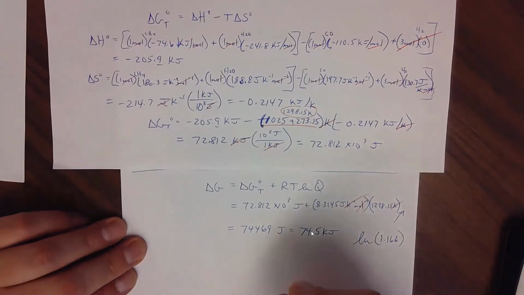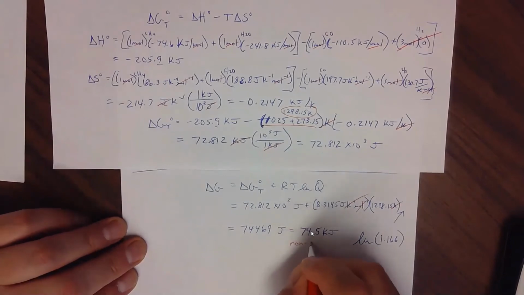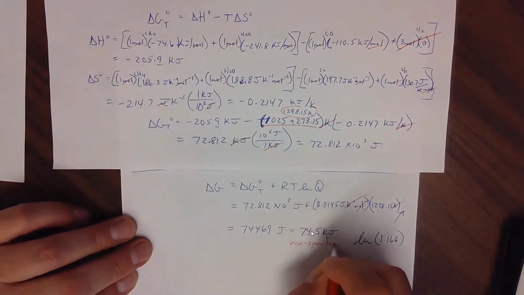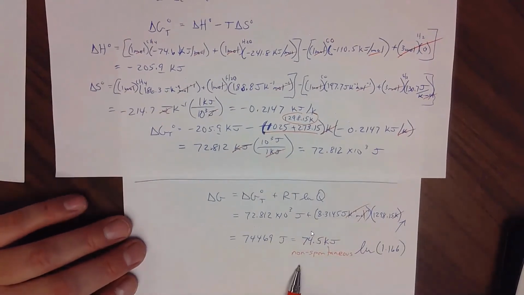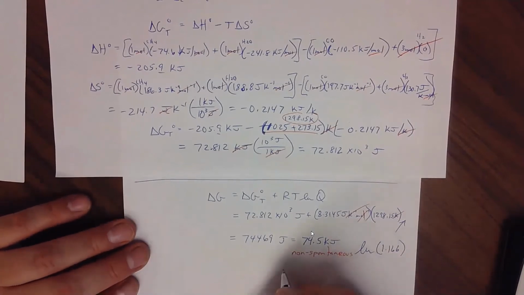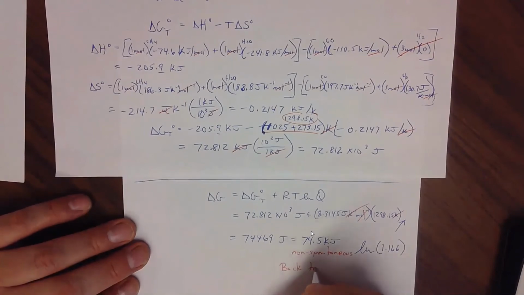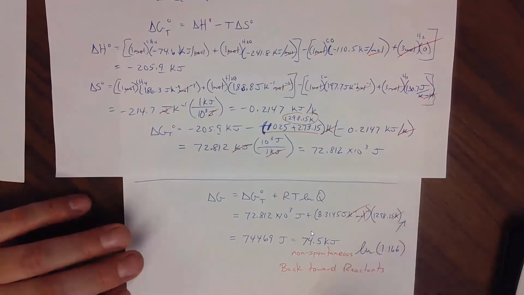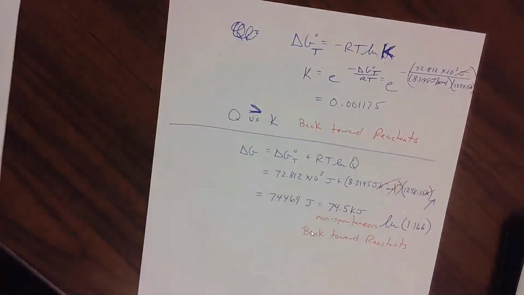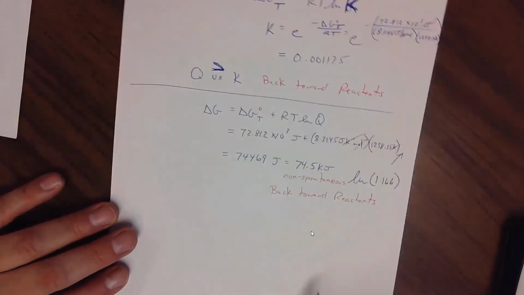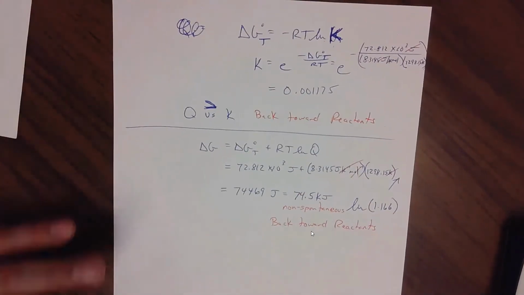Del G is positive, so this is non-spontaneous. So in chemistry, what does that mean? Which direction is this reaction going to go in? To the reactants. Remember, non-spontaneous means the reaction's going back towards reactants. So you could have solved this problem in either way that you wanted to, and you should come up with the same final result in the end.